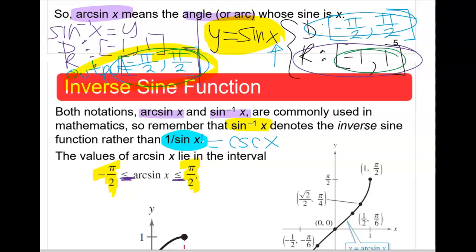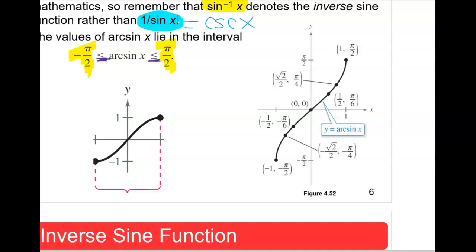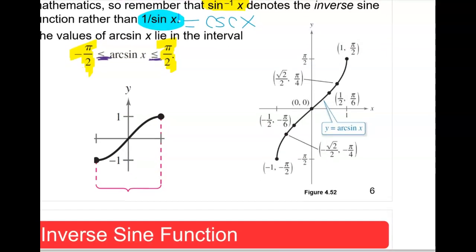And you can see that graphically, with the solid points that we have here and here. Okay, so the one on the right side is a better representation. However, you could still see the same thing. The domain is going from -1 to 1. That's the domain.